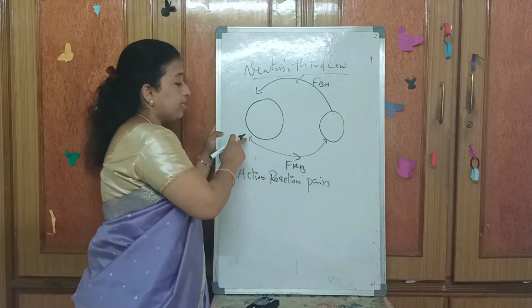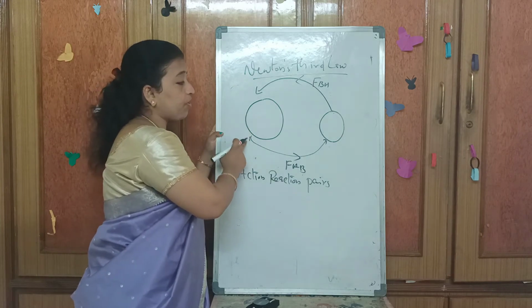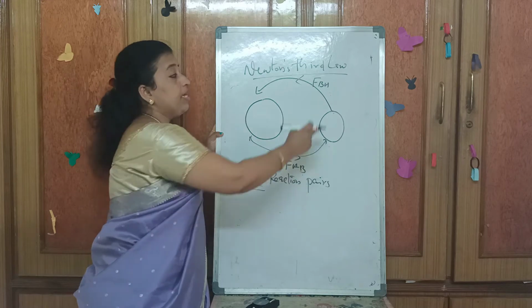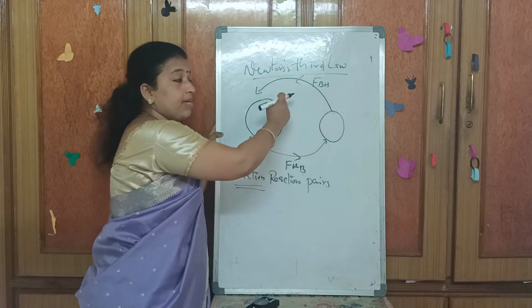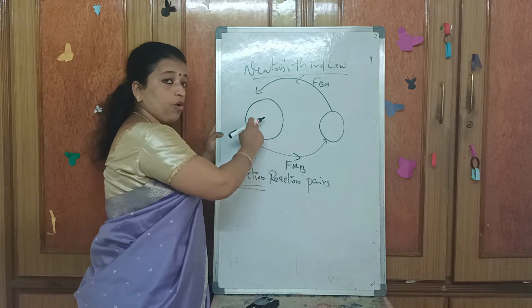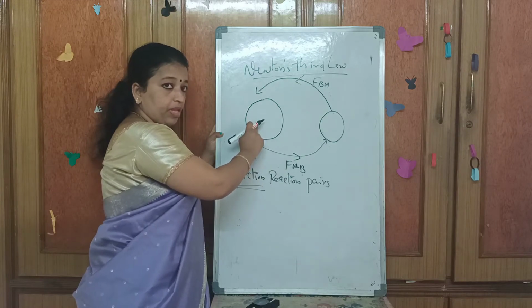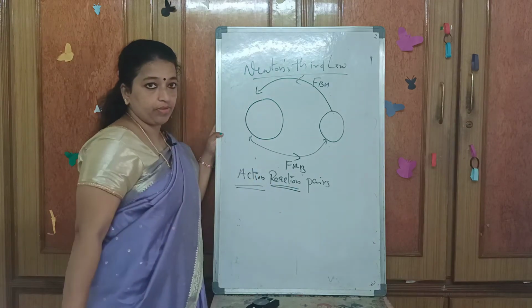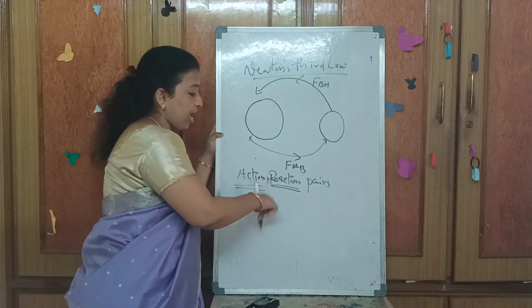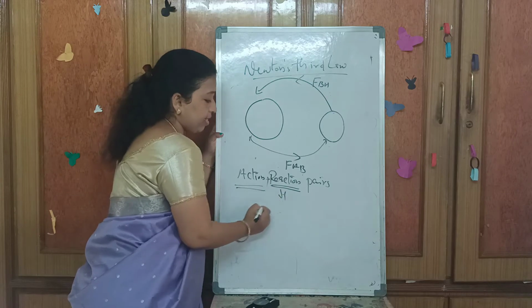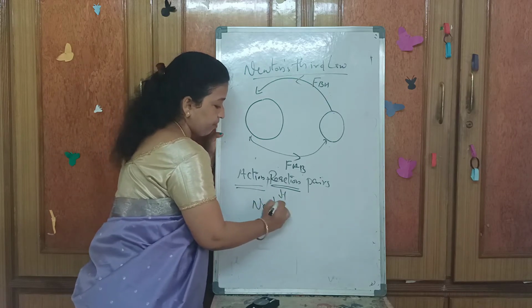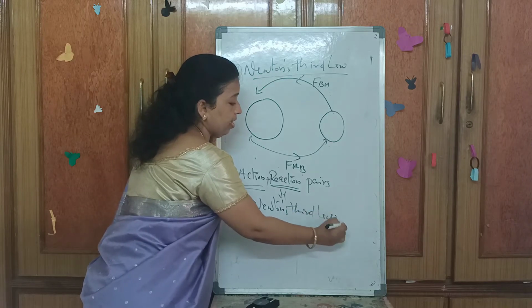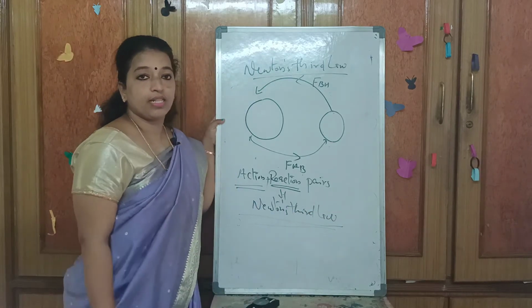That is, the force acting from the first body on the second body we call action. At the same time, the second body also exerts the same force on the first object in the opposite direction, that we call reaction. So action and reaction together form Newton's third law.